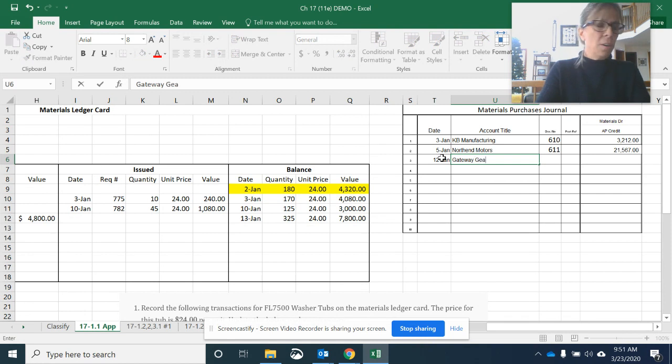Gateway Gear Incorporated, 612, PO 612, and $6,765. And our last one is January 13th from Washington Corporation.